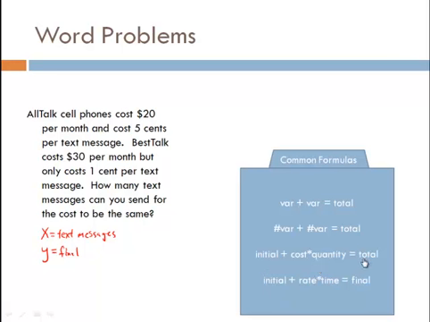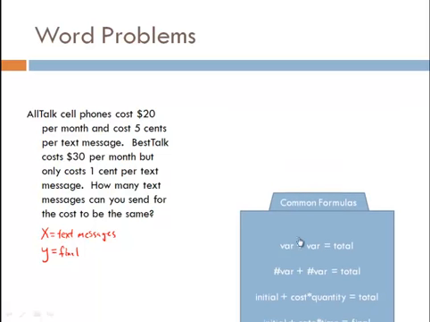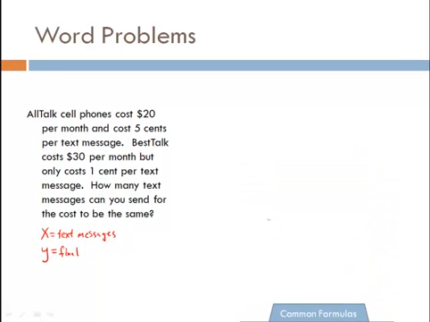That shape, that template of an equation, is probably what we'll use here. So we'll write up that template here: the final cost is equal to some sort of an initial cost plus a rate times a quantity.